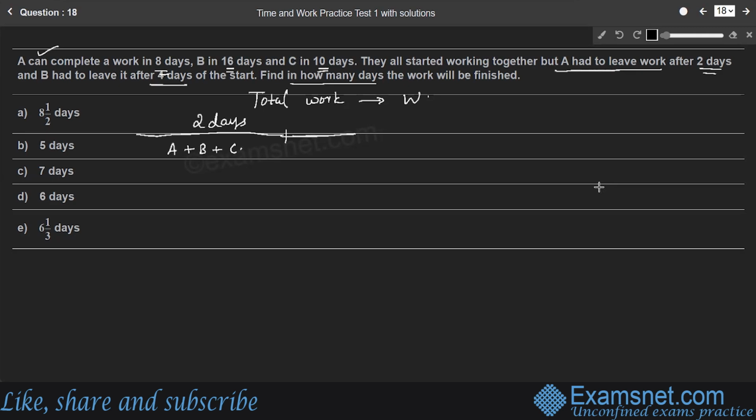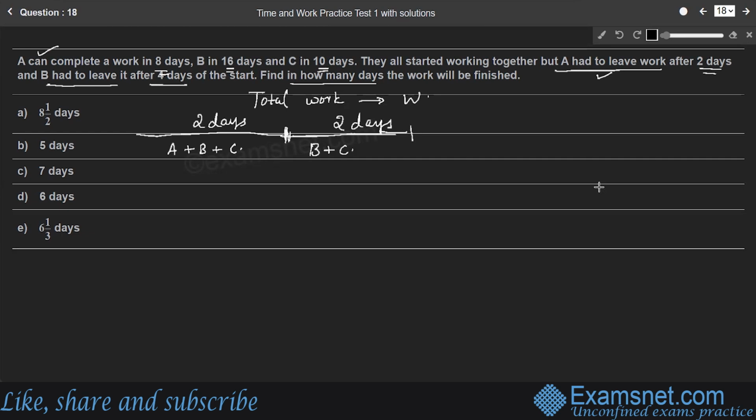They all started working together, but A had to leave work after 2 days. After 2 days, only B and C are working, and they work for 2 days. B had to leave after 4 days. After 4 days means, in the second part of the work, B and C are working for 2 days.